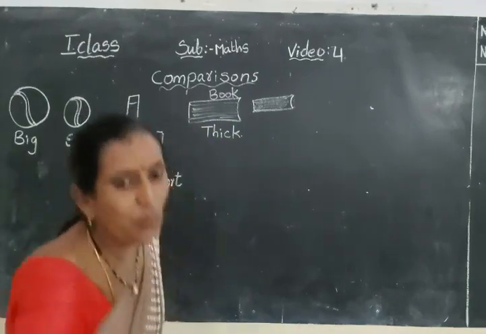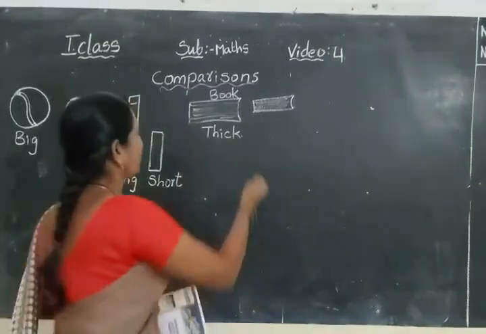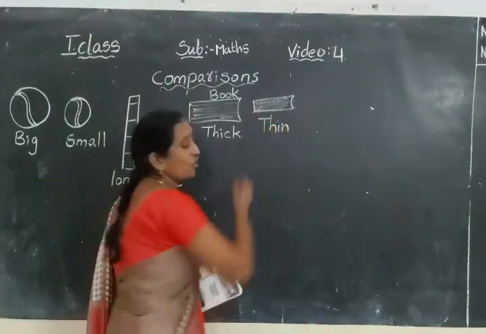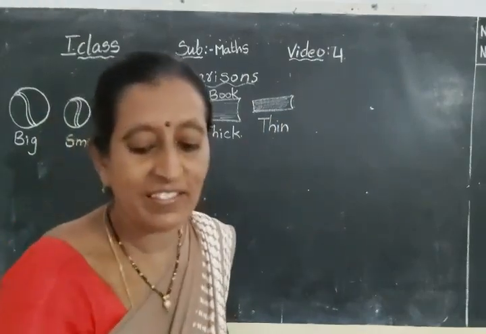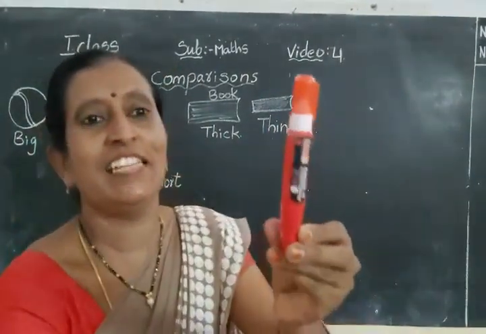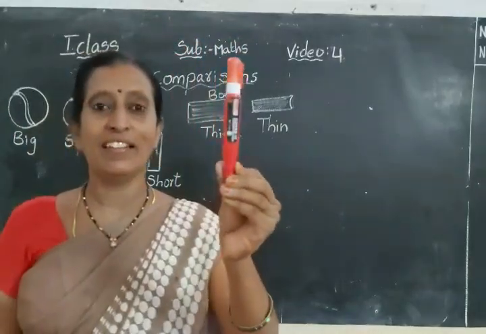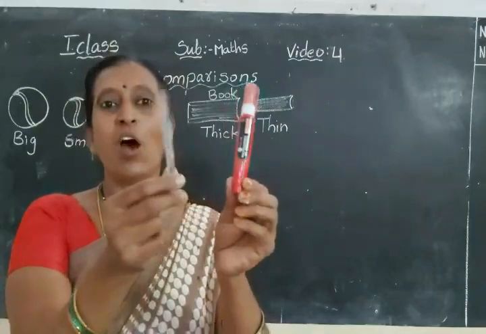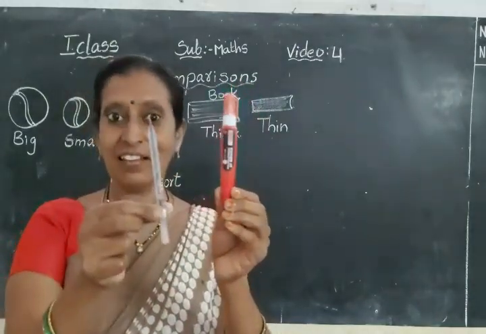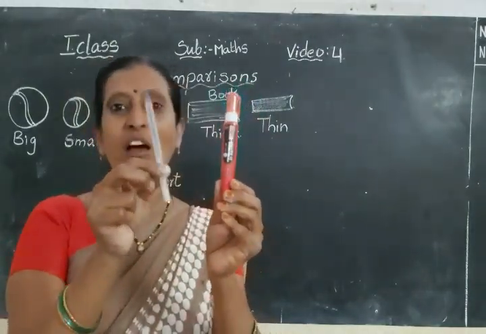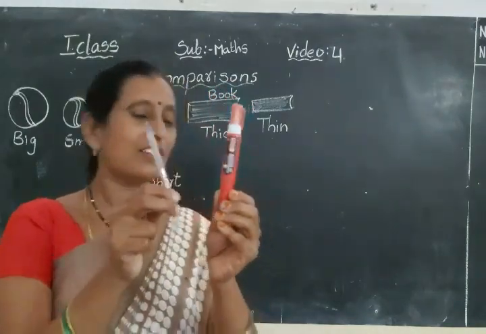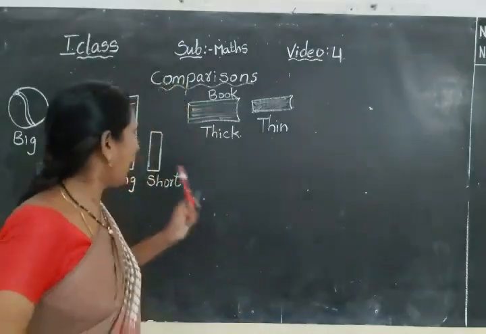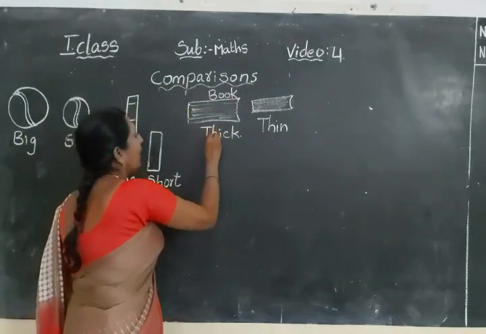And this book is thin. T-H-I-N. I'll show you one more. See this pen. This pen is thick. See this pen, it is a little bit thin. So this is the thick pen and this is the thin pen. Like that.